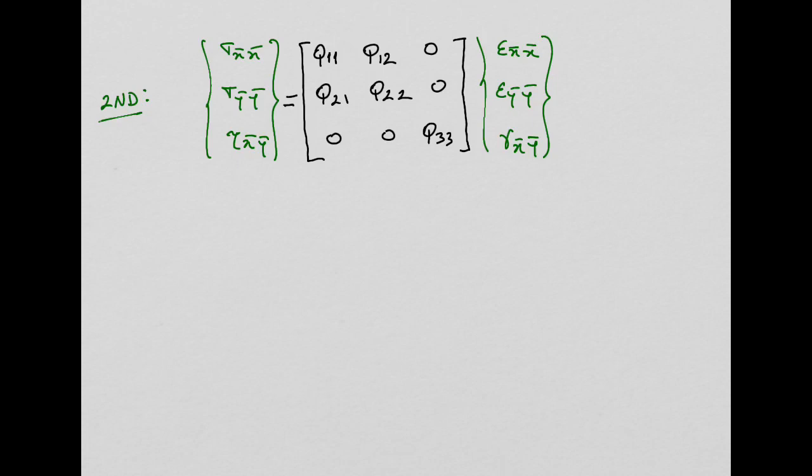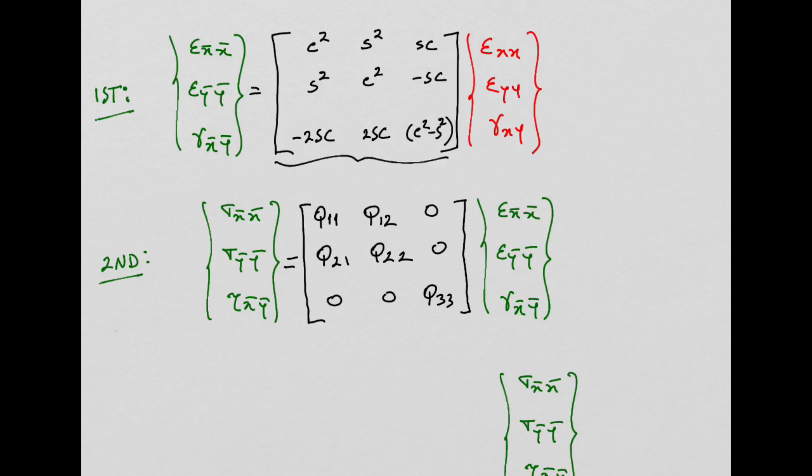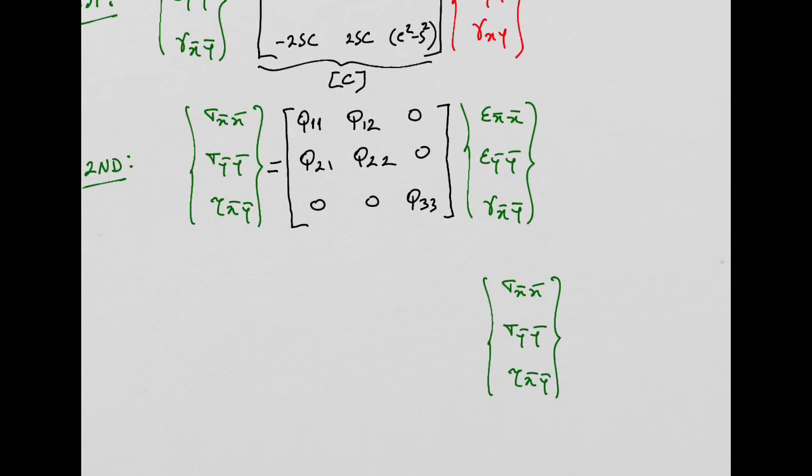Now that I have my stress in the local lamina coordinate system, this is our transformation matrix, C. If I apply now the inverse of my transformation matrix, I will be able to get my stress tensor in the global coordinate system.